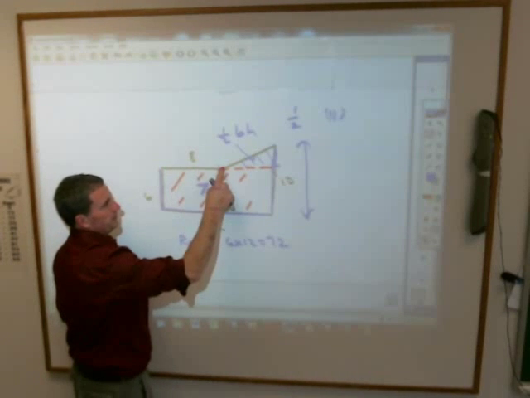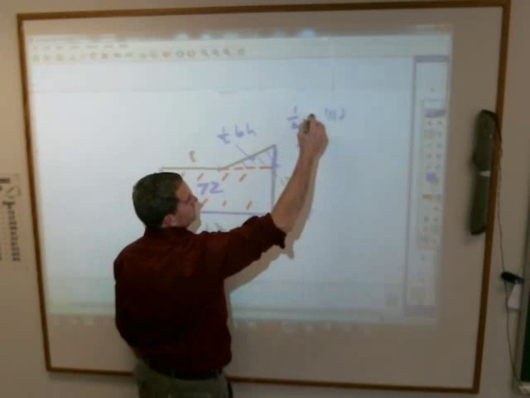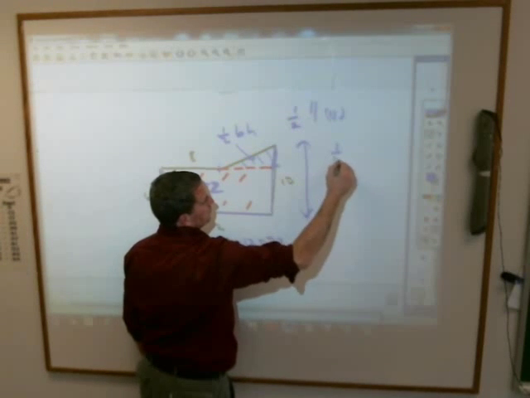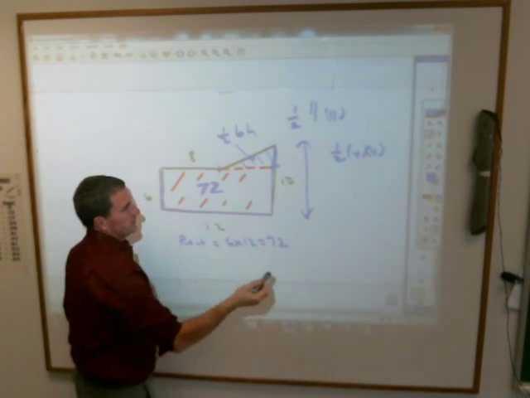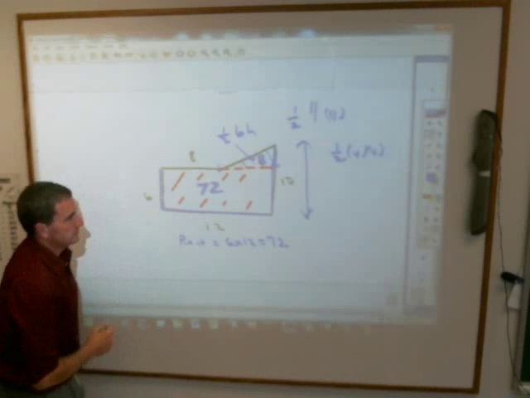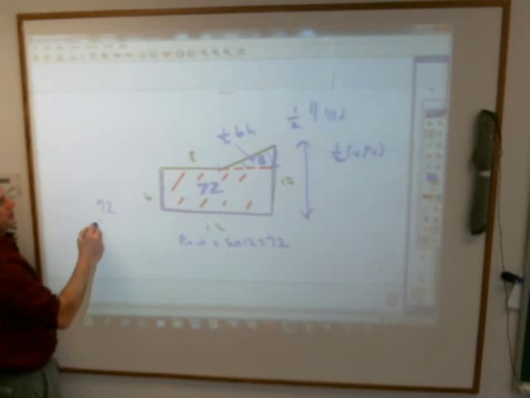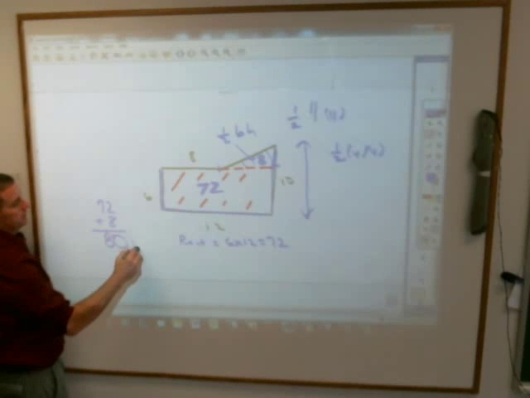Well, if it's 8 from here to here and the whole line is 12, this part has to be 4. So it's 1/2 of 4 times 4. Half of 16 is 8. Put them together: 72 plus the 8 for the triangle is 80 square inches or whatever the units are.